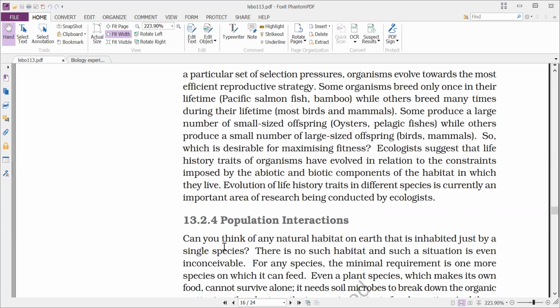Generally a bird will produce only one egg at a time, but over a period of time they produce a series of eggs and later they undergo hatching, like 10 to 12 or 12 to 15. Some will produce one or two eggs, some will produce four or five eggs, and they undergo hatching.